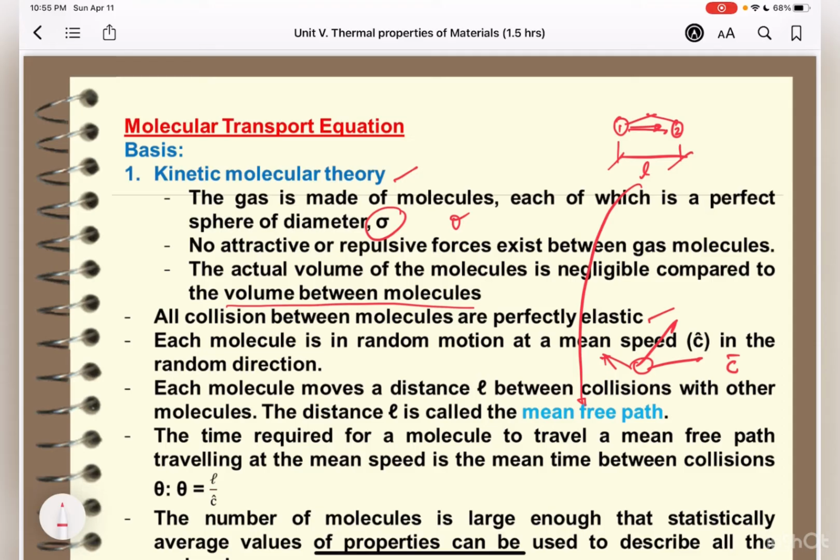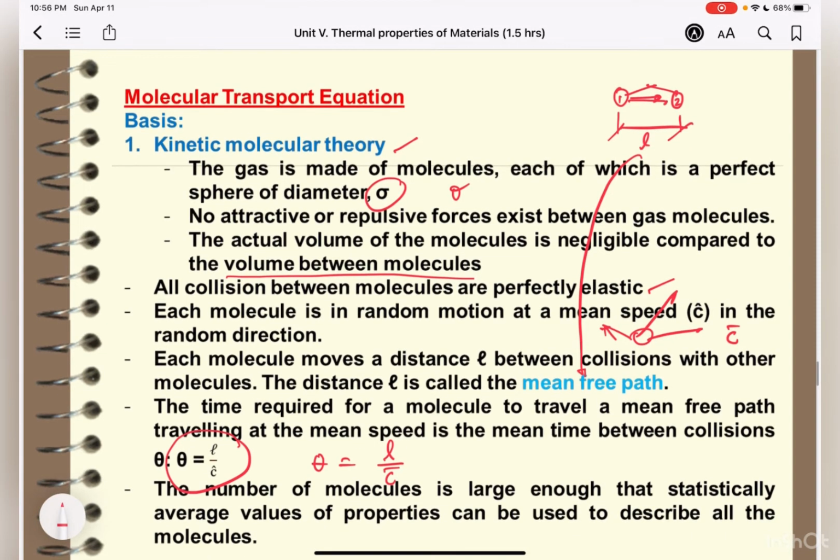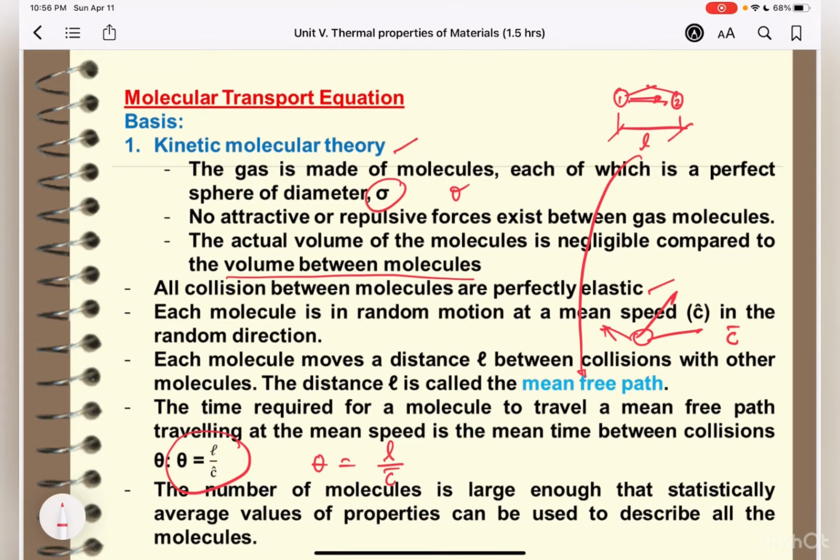Now the time required for a molecule to travel a mean free path, traveling at a mean speed c bar, is the mean time between collisions, or theta, equal to L over c bar. And the number of molecules is large enough that statistically average values of properties can be used to describe all the molecules. So you've learned that from your kinetic molecular theory.